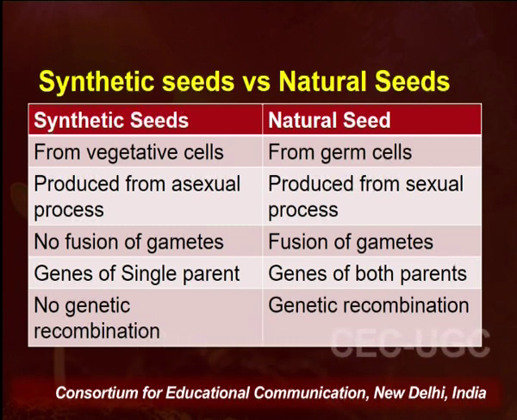Since fusion of gametes is involved in natural seeds, they contain genes from both parents and there is a recombination of the genes. Whereas in synthetic seeds, no fusion of gametes occurs, therefore the genes of a single parent are present and there is no genetic recombination.